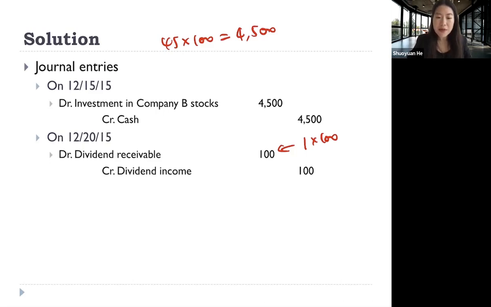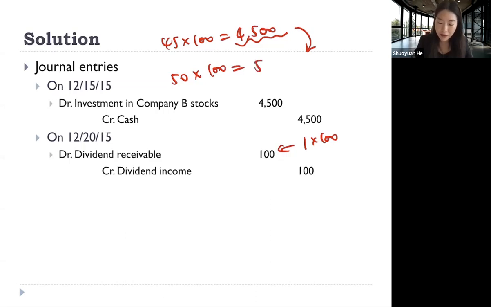And then on December 31st, at the end of the financial reporting period, now we need to look at the change in fair value of Company B. Company B stock now trades at $50 per share, and Company A's initial investment is 4,500. At the end of the financial reporting period, the fair value of those investments is increased to 50 per share multiplied by 100 shares.